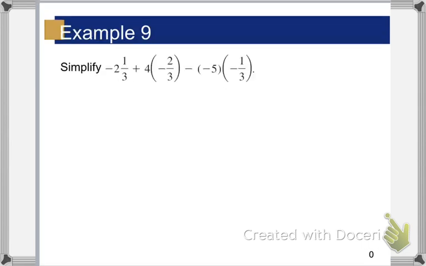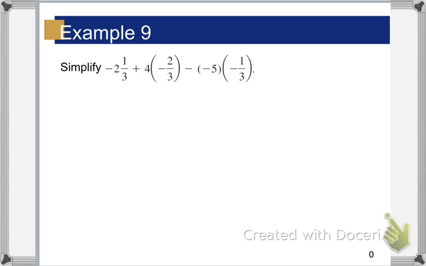Now, we're going to get started with a fraction just because we love fractions. Love them. So, do you see that negative 2 1/3? That is a mixed number. The first thing that I want to do is address that mixed number. I want to turn that mixed number into an improper fraction.